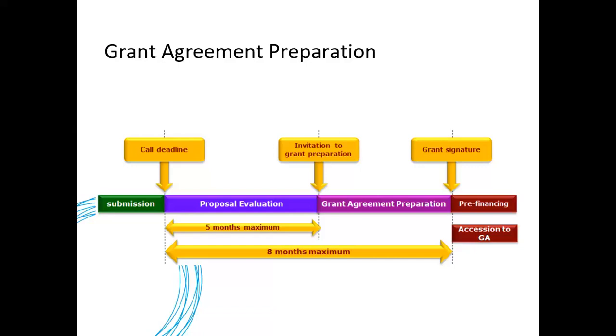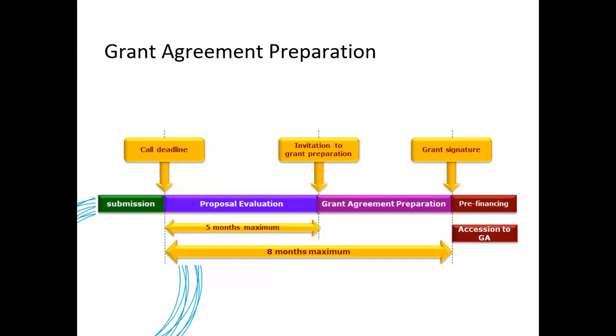Just keep in mind that the grant preparation is now all done online through the Funding and Tenders Portal. So if this is your first project, you should have received a temporary PIC, for example, to apply for your proposal. And now, if your proposal is selected for funding, you will have to verify the legal status of your organization.